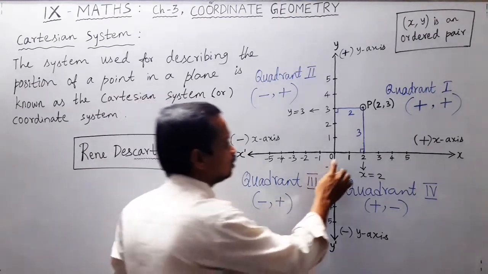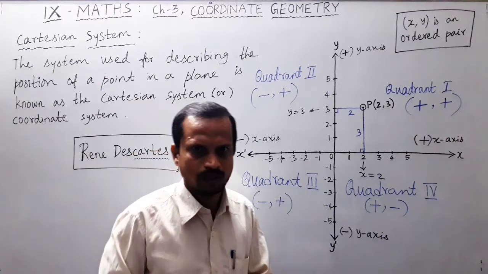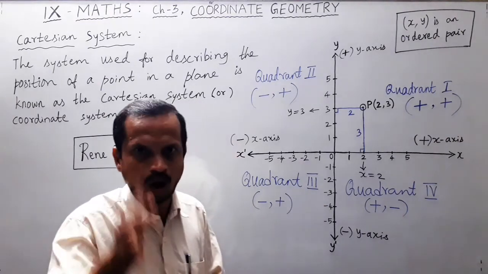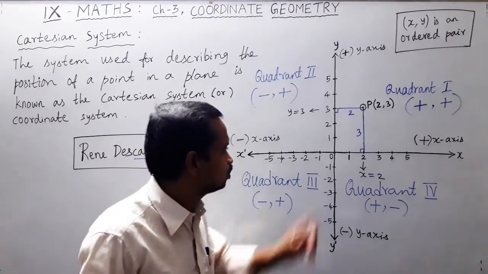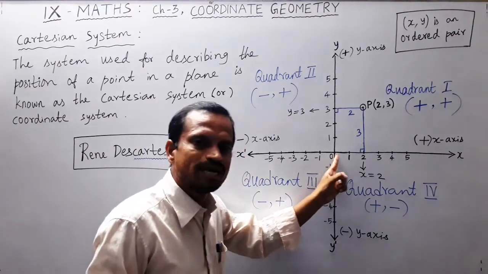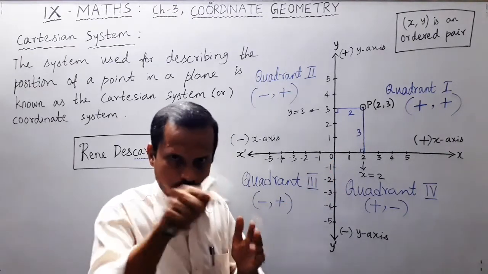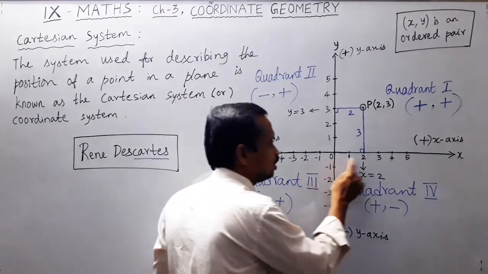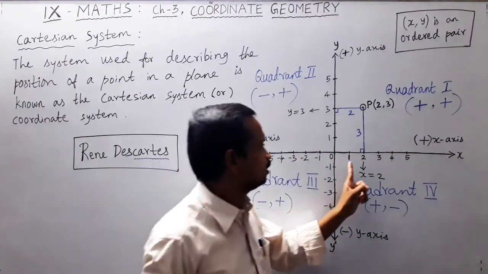From this we can say the point of intersection of both axes is always called the origin. That is the source. You can say this point as O, where the value is 0. From 0, 1, 2, 3, 4, 5, this is the positive x-axis, only positive values.